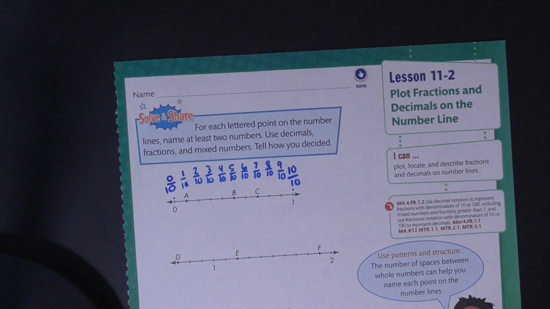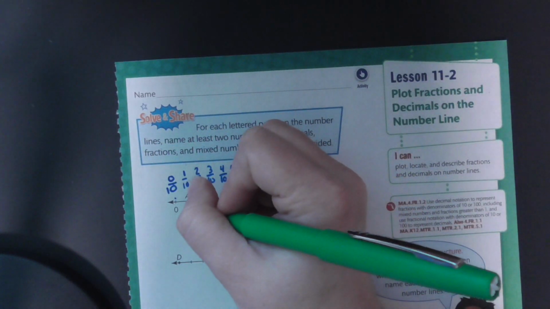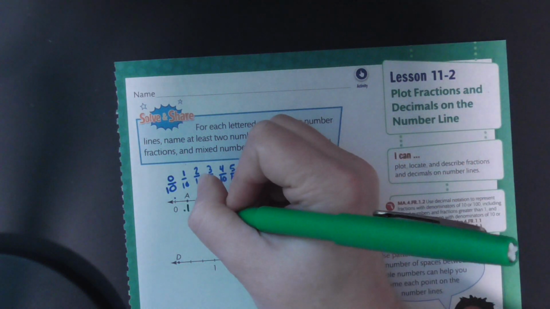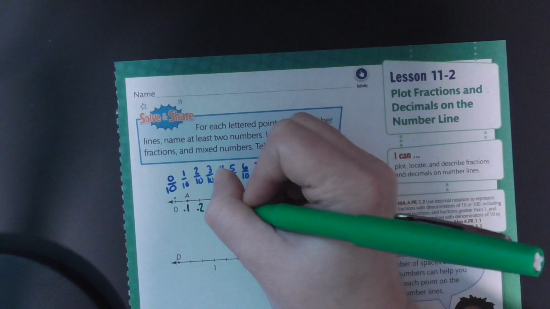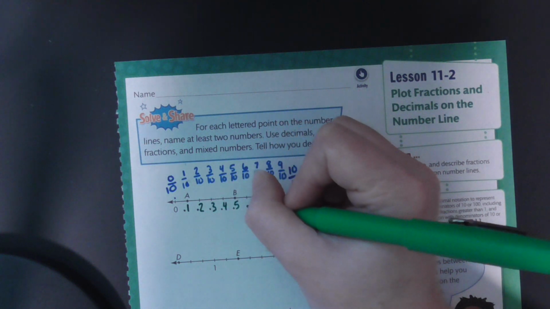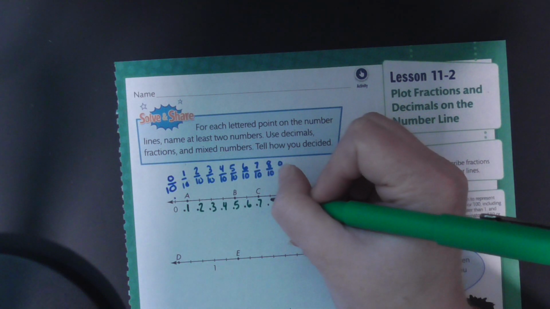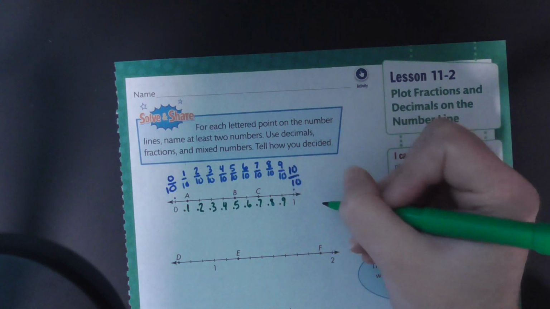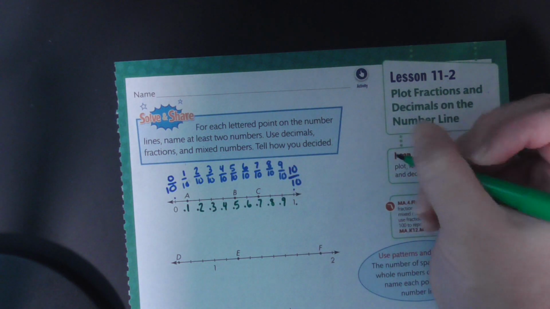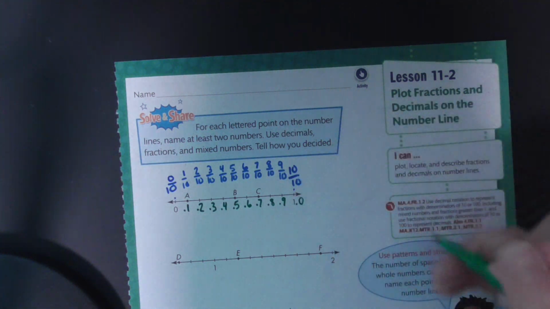Now I'm going to do decimals. So if I have 1 over 10, that is just 0.1. Then we have 0.2, 0.3, 0.4, 0.5, 0.6, 0.7, 0.8, 0.9, and then this is a 1, but there's actually an imaginary decimal and a placeholder 0 here.